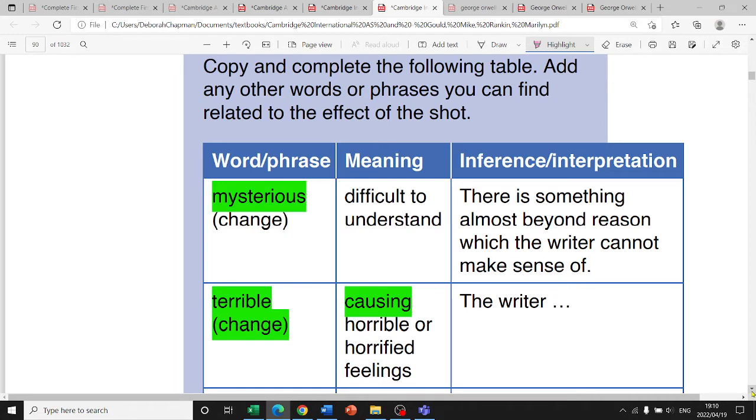Think about how it is related to the effect that the shot has on the elephant. So I'm going to give you a minute. I want you guys to write down what you think it might infer.